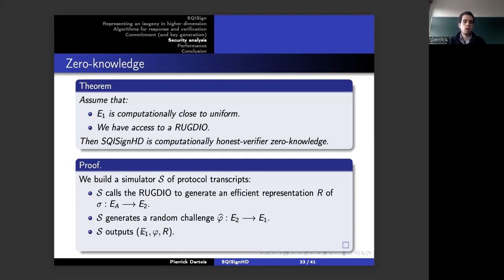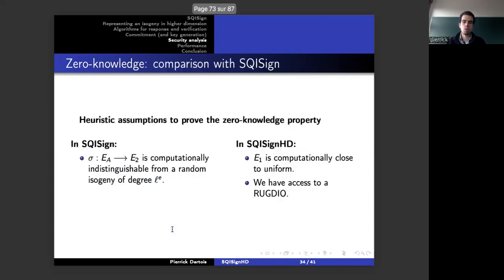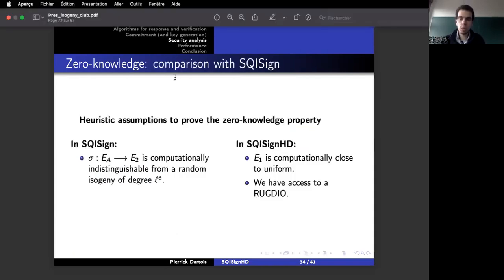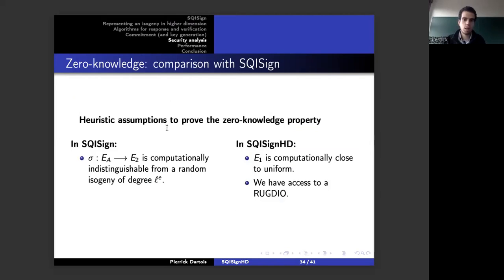And E1 is uniform in the isogeny graph, but we assume that the output commitments in the protocol are computationally close to uniform. So this is indistinguishable from real protocol transcripts. This is what we get with SQISignHD.